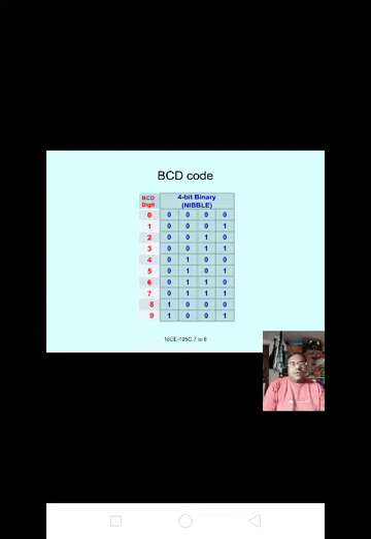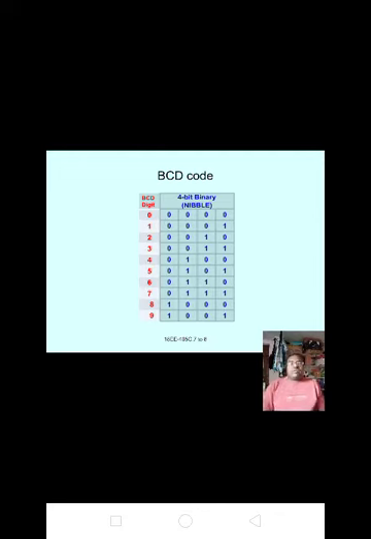Here the truth table format of the BCD code to binary format is also given. Please have a glance at it. 4-bit binary is known as a nibble. BCD digits are from 0 to 9.